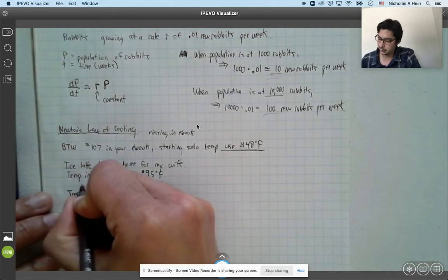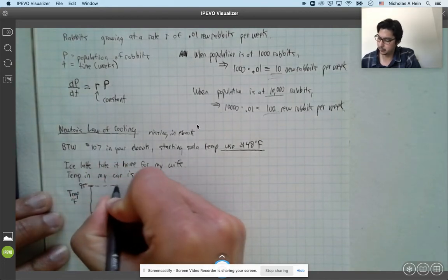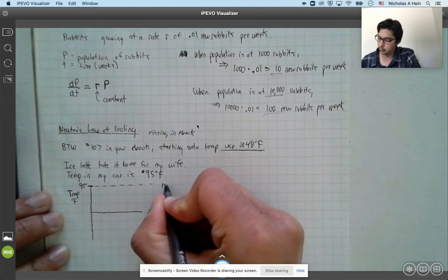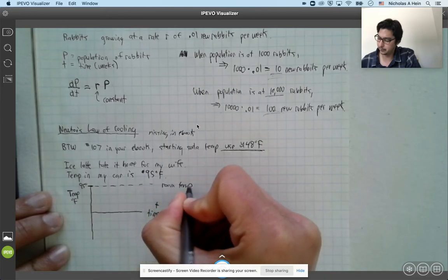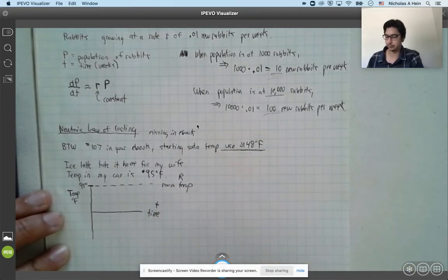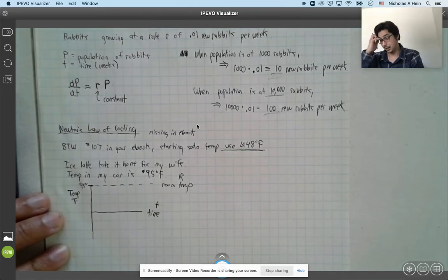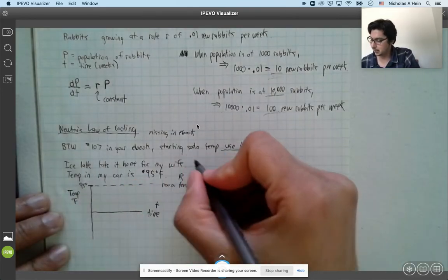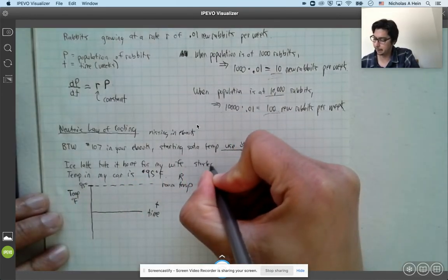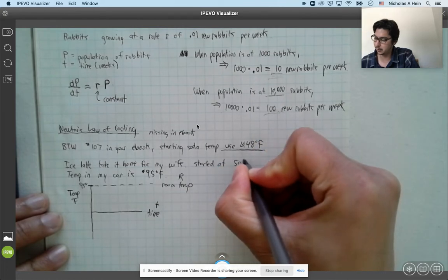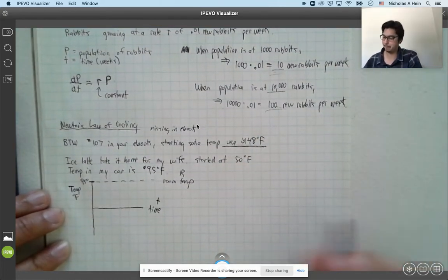Well, 95 degrees will represent the room temp, R. And then the iced latte started at, let's say, 50 degrees Fahrenheit, pretty cold, all right?